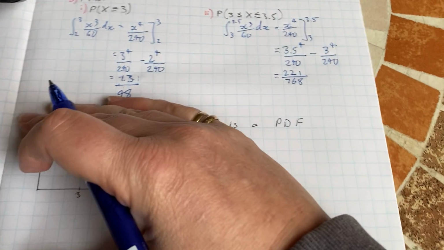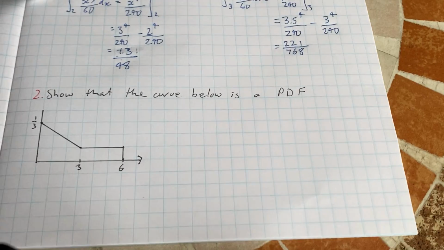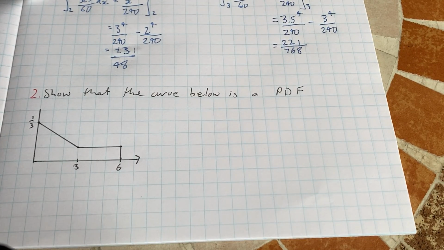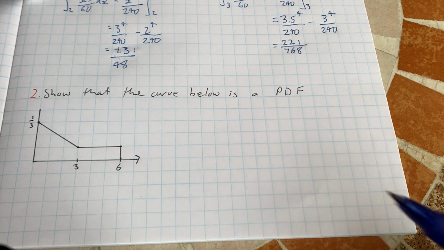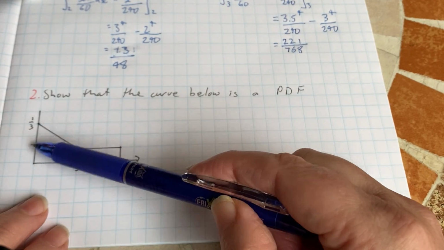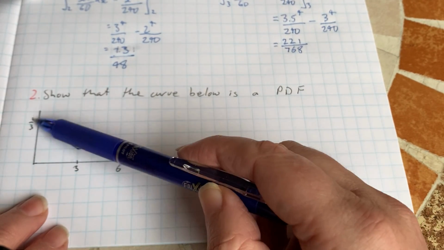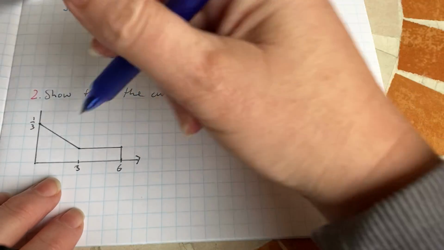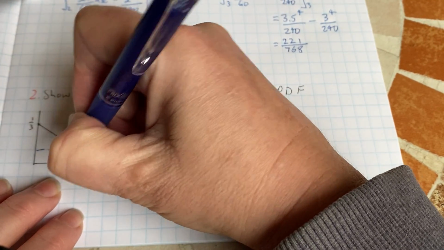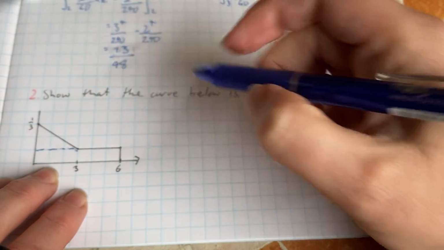Okay. In number 2, we have to show that this curve is a PDF. Now, just like in part 1a, what we're doing is showing that the area under the curve makes 1. So if this is a third, then each of these are a ninth. A third divided by 3 is a ninth. So let's just split it into a triangle plus a rectangle.